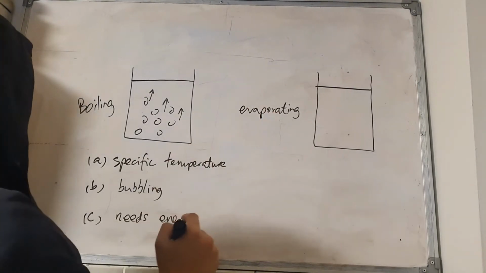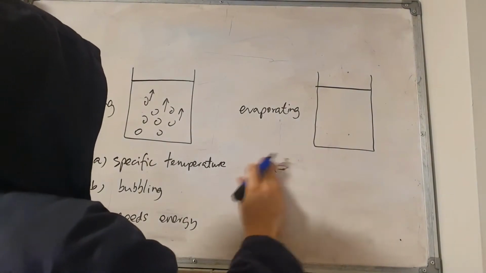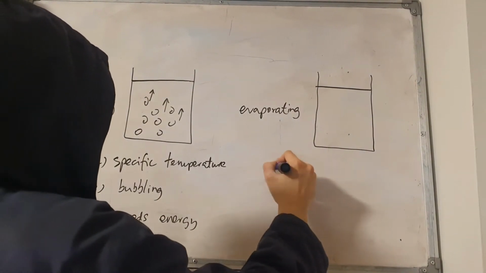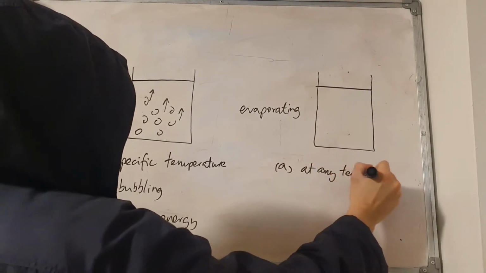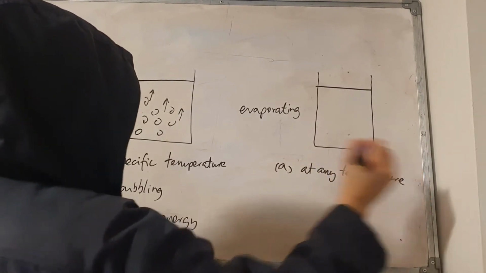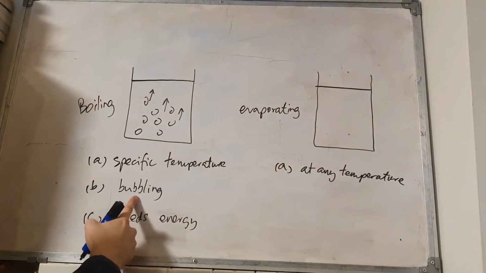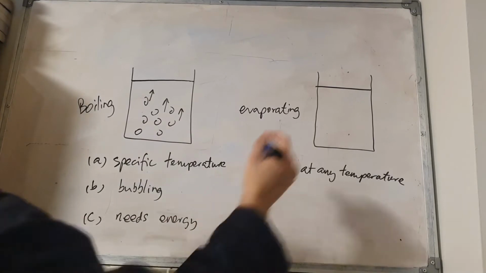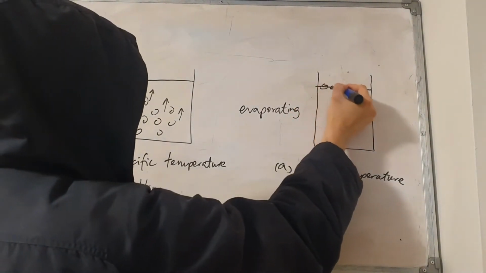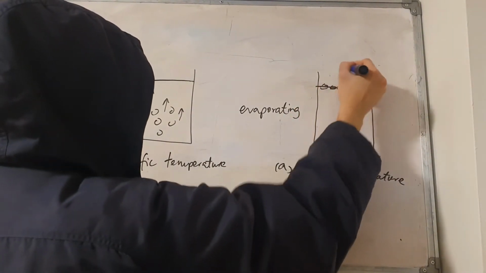For evaporating, it happens at any temperature. Now bubbling, if it's boiling, it could be bubbling from the bottom. But evaporating is from the surface of the liquid.